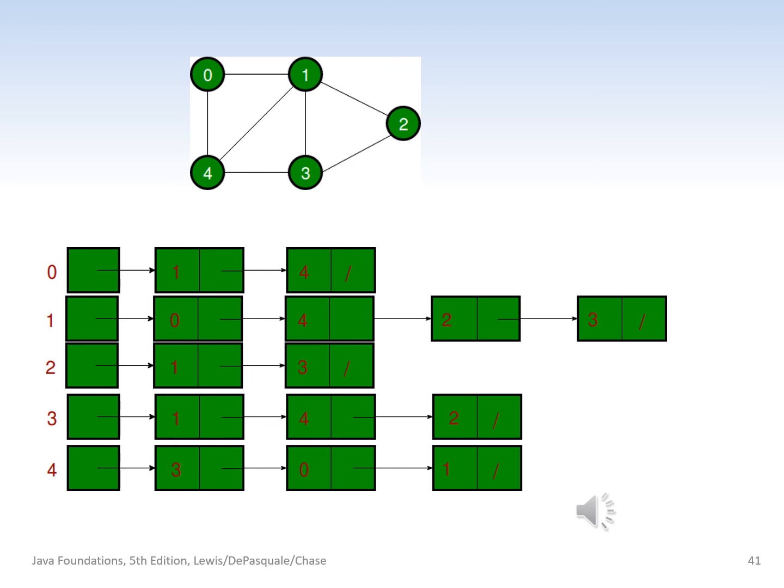So we'll just trace a couple. Index 0 holds 1 and 4. 0 has an edge 0, 1, and 0 is contained in an edge 0, 4. Index 1: 1, 0, 1, 4, 1, 2, 1, 3.